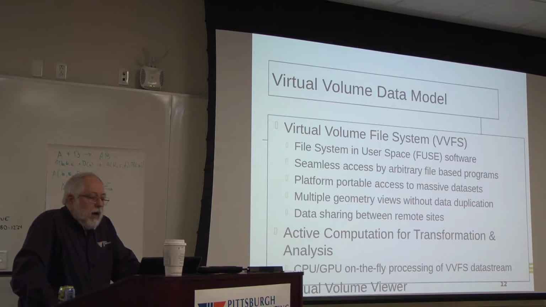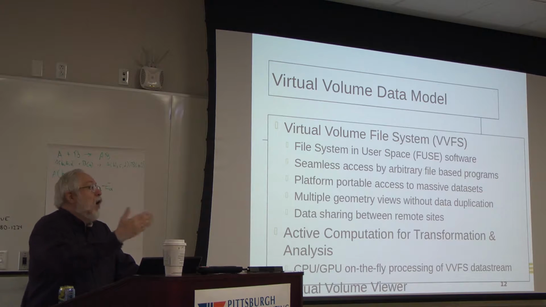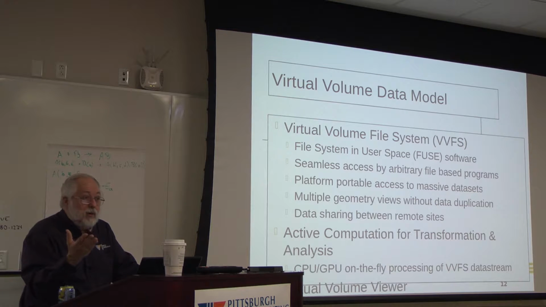So the FUSE mechanism allows us to write programs that generate things that look like files but aren't really, but that allow other programs to access these files without really realizing that they're calling the virtual volume file system.